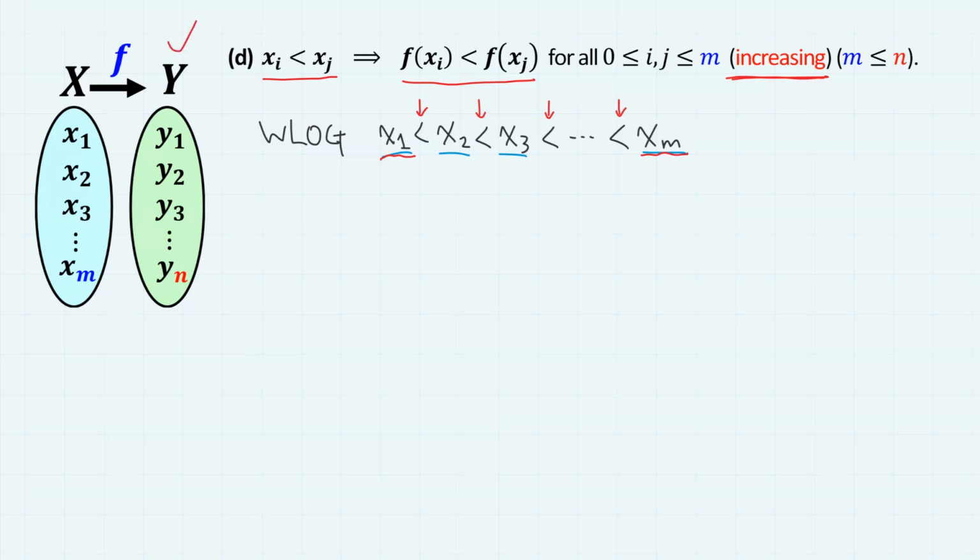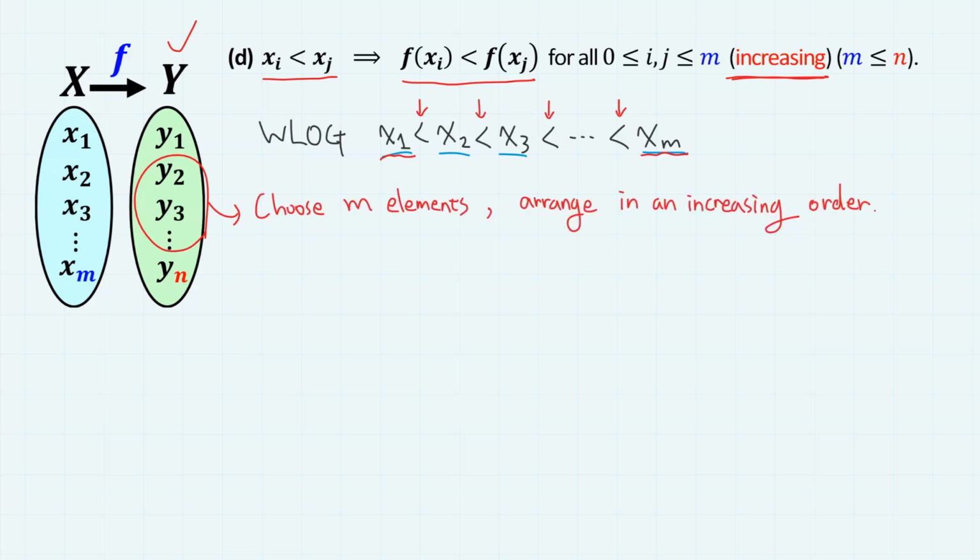Now the codomain. Let us choose m elements from codomain Y, and let's arrange them in increasing order. Then we can write these m elements as y1 prime, y2 prime, y3 prime, and so on, all the way up to ym prime, using prime notation when arranged in increasing order.